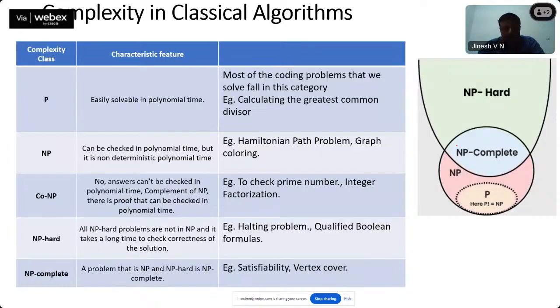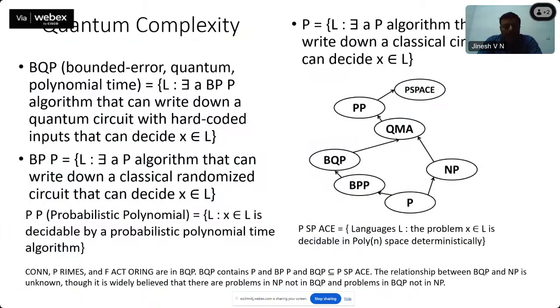So here, the main problem with quantum systems is that it is probability based. In a normal digital system, it is specific in nature, 0 and 1.